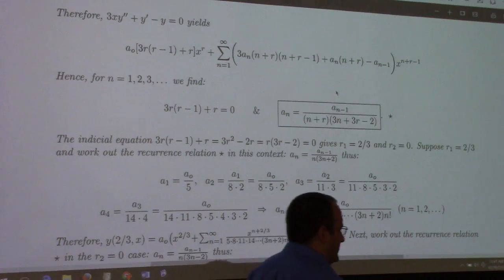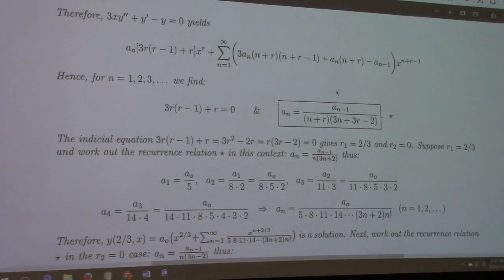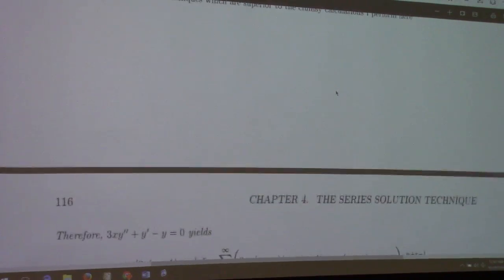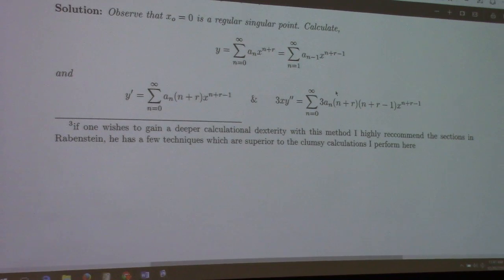Yeah, I want to believe you, but I just doubt myself here. So your point is, if we look for constant terms, not constant, but x to the, oh, n equals 1. Yeah. But n equals 1 gives me a sub naught there.